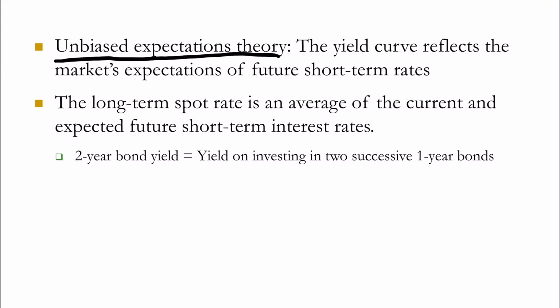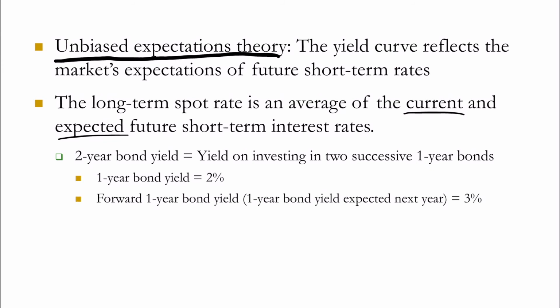So it's going to average the current bond and the expected bond to identify what the 2-year bond yield should be. Let's say the 1-year bond yield is 2%, and let's say the forward 1-year bond yield, so what they expect it to be 1 year from now, is 3%.